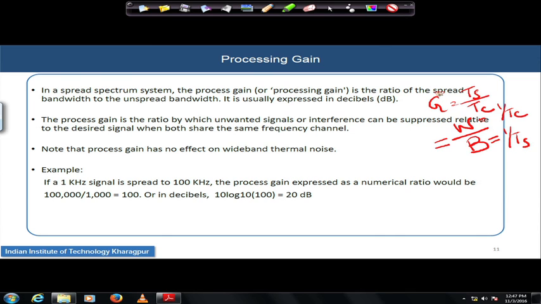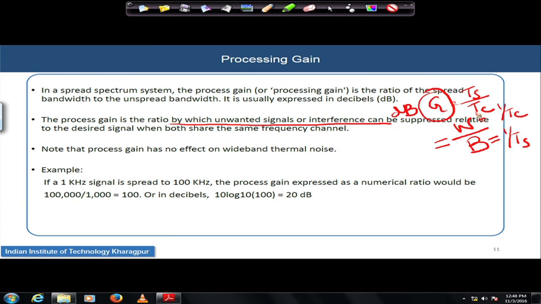Usually, we express this processing gain in decibels, or dB. This dB value fundamentally tells us by which amount the unwanted or interference signals can be suppressed relative to the signal itself.